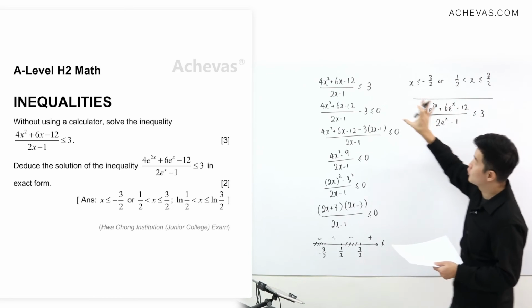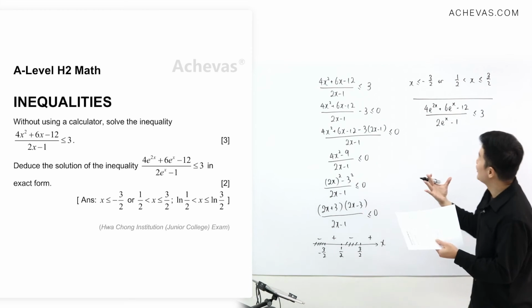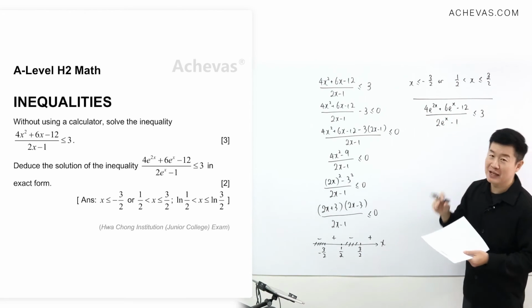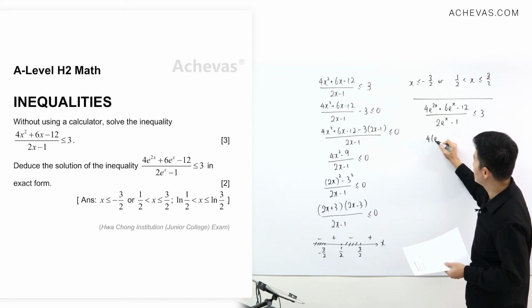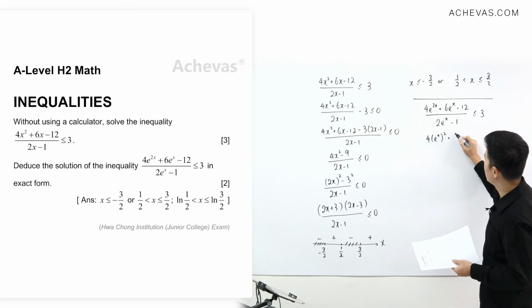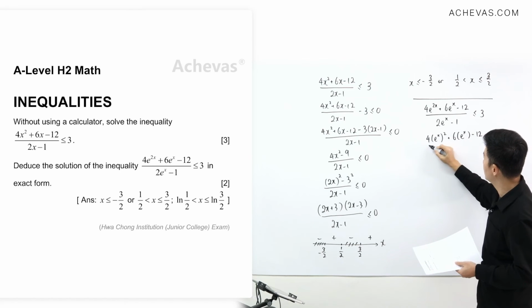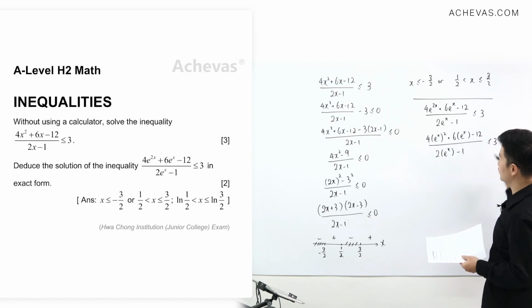Comparing this to what we have here, it is quite easy to relate the fact that all the x are going to be replaced by e^x. Let me just rewrite this. It will be 4(e^x)², which is e^(2x), plus 6e^x - 12, divided by 2e^x - 1, less than or equal to 3.